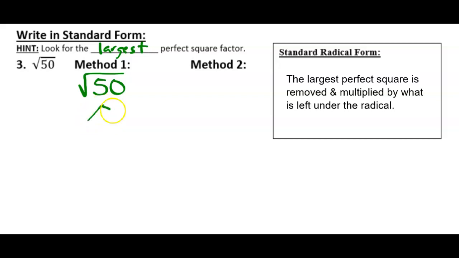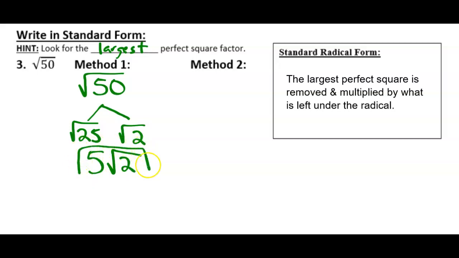So this is the same thing as the square root of 25 times the square root of 2, right? Okay. So what is the square root of 25? Well, it is equal to 5, just 5, times the square root of 2. Can't get any smaller, so this here is my answer.